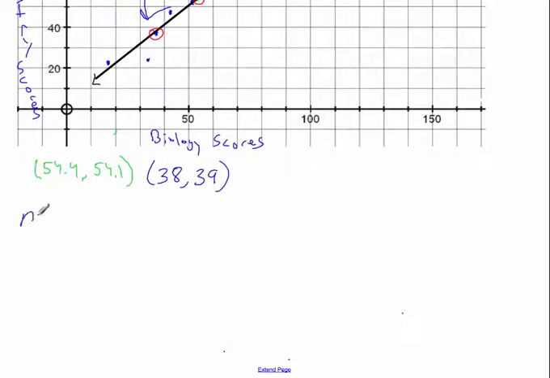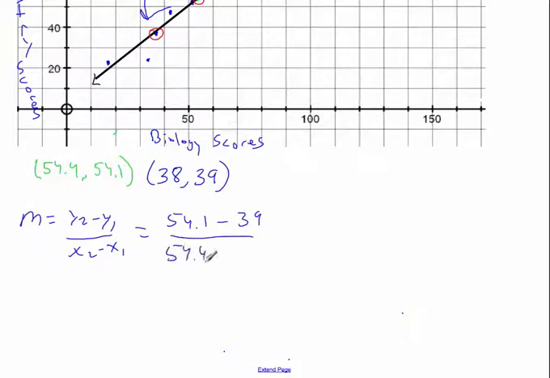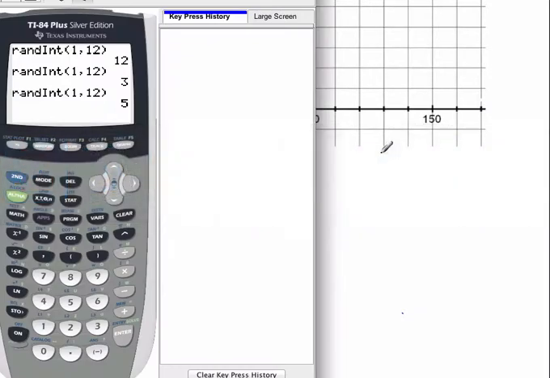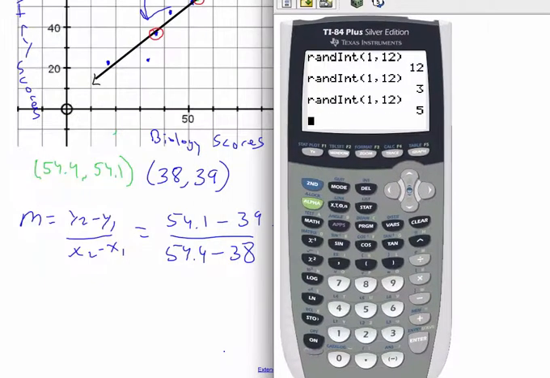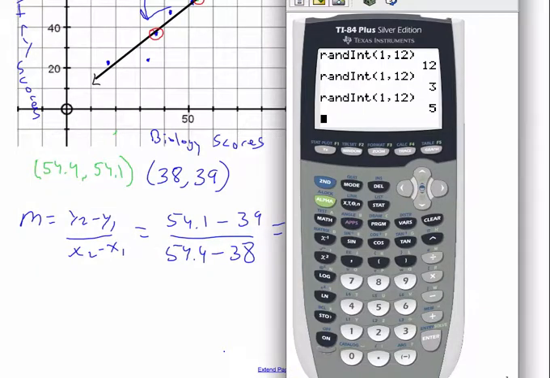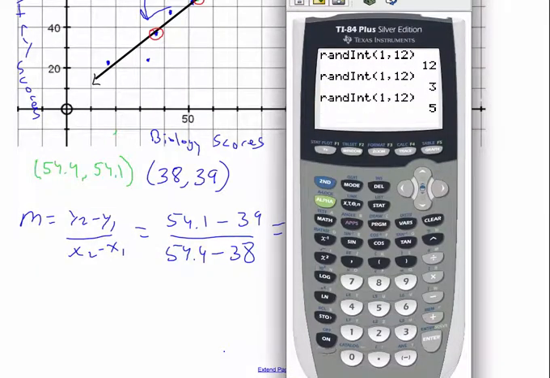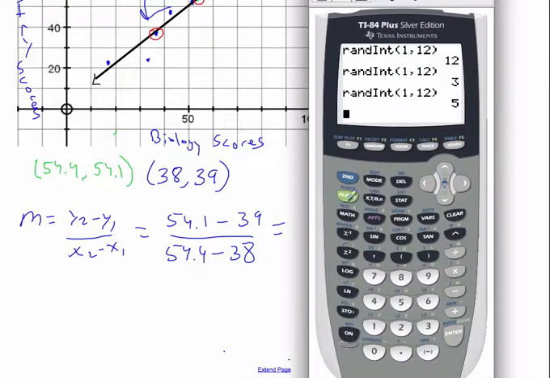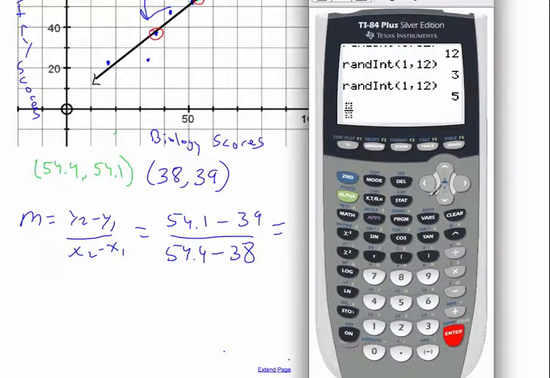So first thing we need to do is find the slope. So slope is y2 minus y1 over x2 minus x1, which equals, in this case, 54.1 minus 39 over the x values here. And if I calculate that on the calculator, and I could do this with a fraction, and it'll look exactly the same.